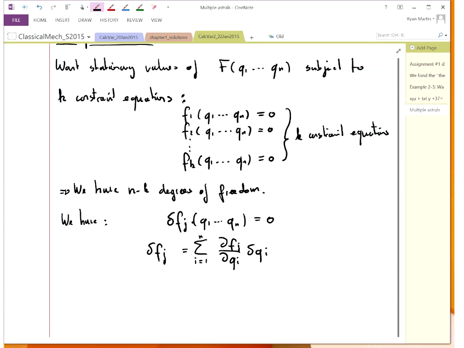Okay, so j is any number from 1 to k for our constraint equations, and i, in this case, is the sum over all the different q's, that goes from 1 to n.